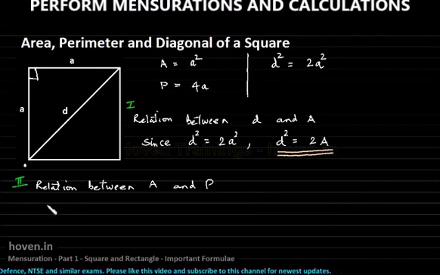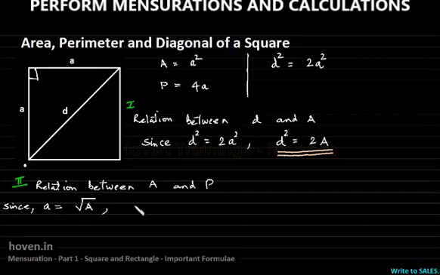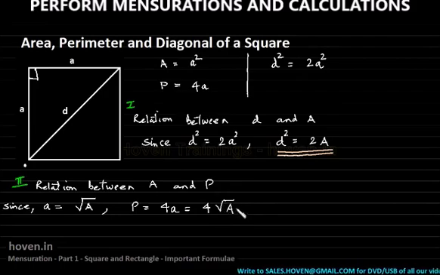We know that A is equal to square root of a, because a is equal to A square. By taking the square root of both the sides, we can write A is equal to square root of a. So we write, since A is equal to square root of a, therefore we can write P is equal to 4A is equal to 4 times the square root of area.